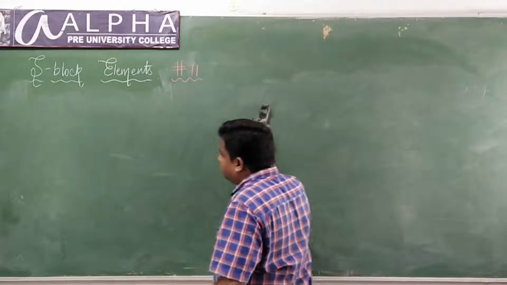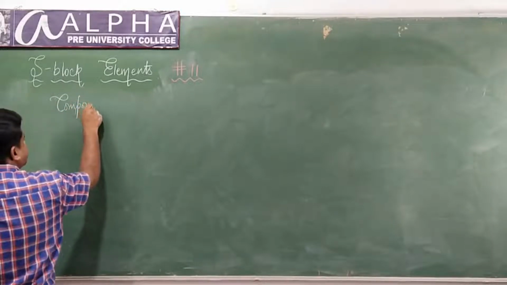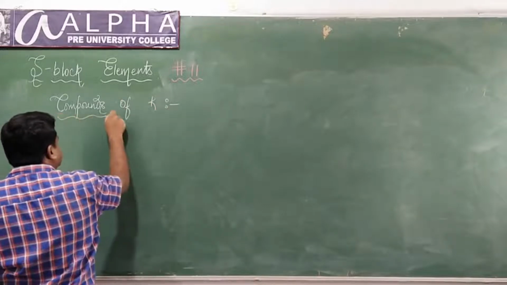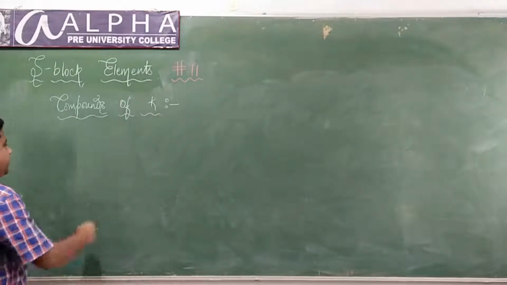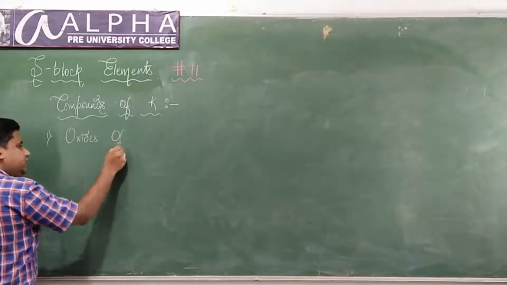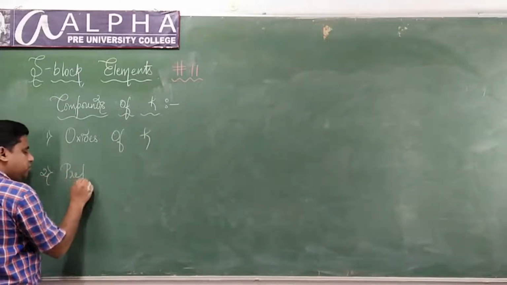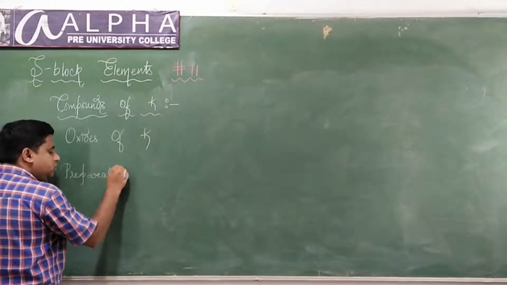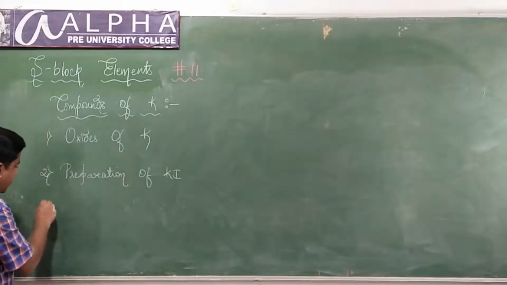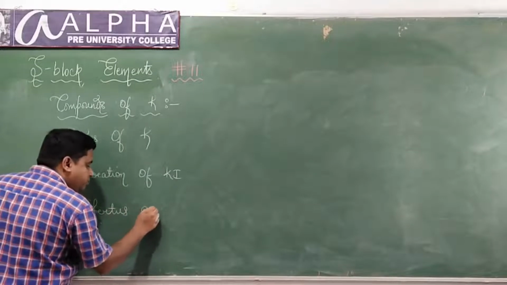Here we will discuss the oxides of potassium, then the preparation of potassium iodide, and then the properties of potassium iodide.